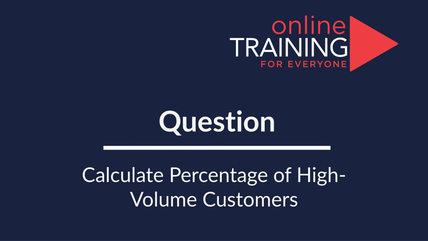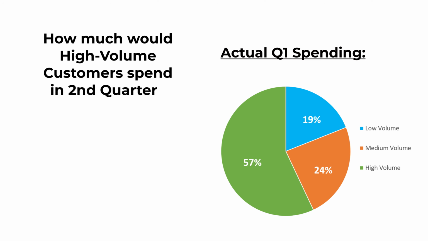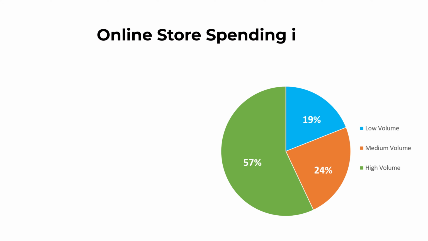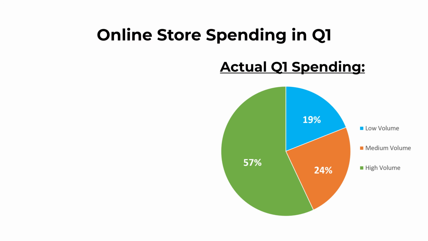Here's the question where you need to calculate the percentage of the high-volume customers, which tests your knowledge of charts and graphs. The following figure shows the tendencies to spend of visitors at the online store in Q1.